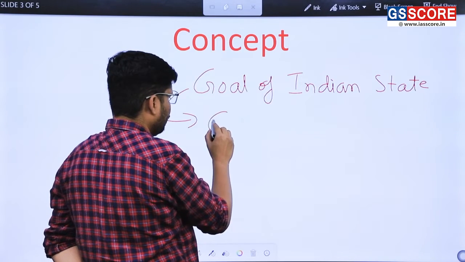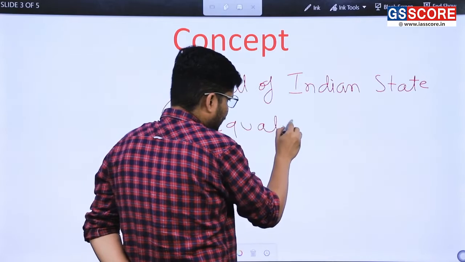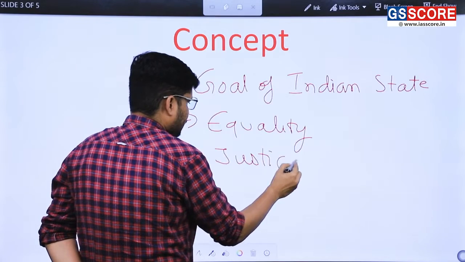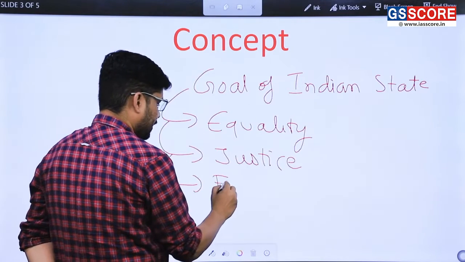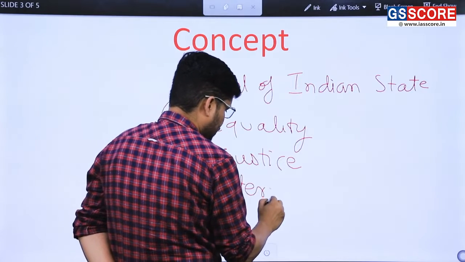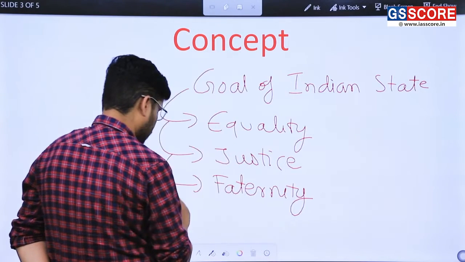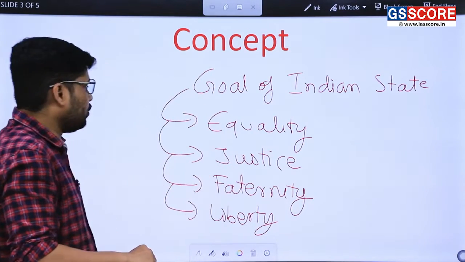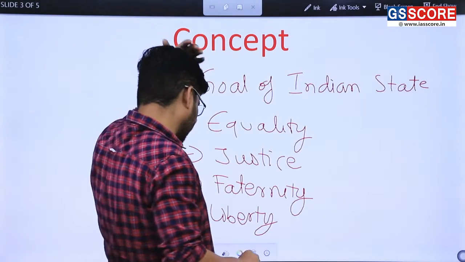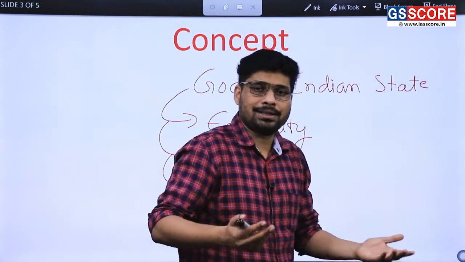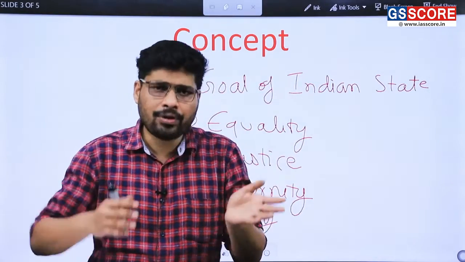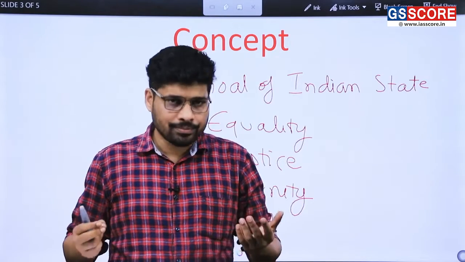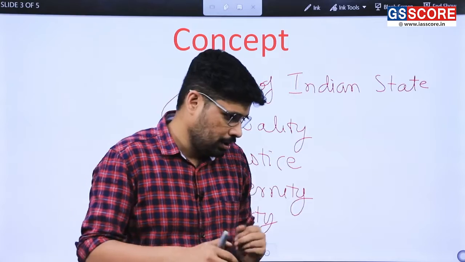There is the goal of equality, the goal of justice, the goal of fraternity, and then the goal of liberty. These are the four goals that the Indian state has to achieve for various purposes: for the unity of India, for brotherhood, for achieving prosperity and all those things.